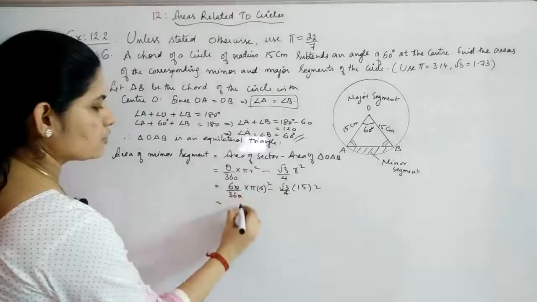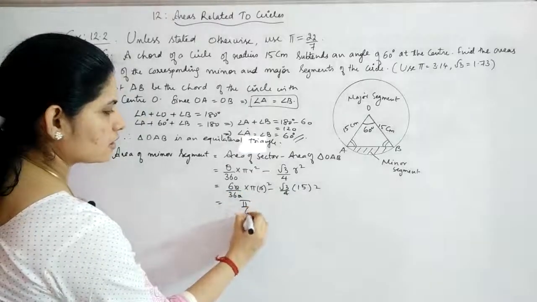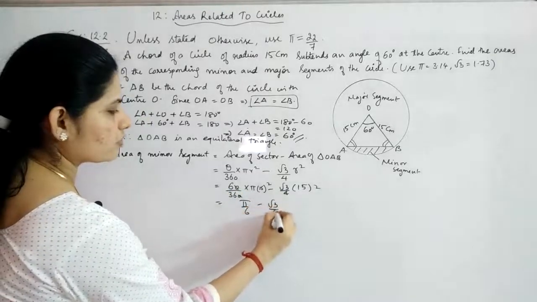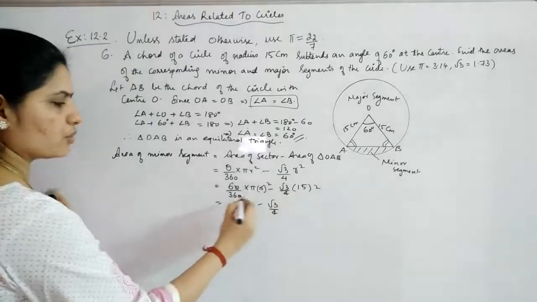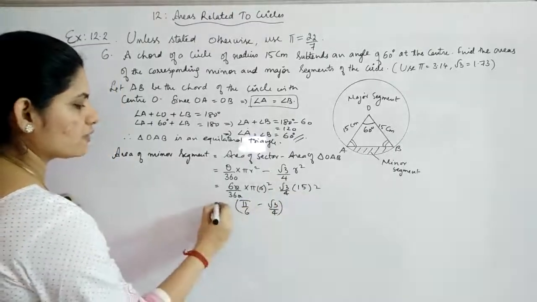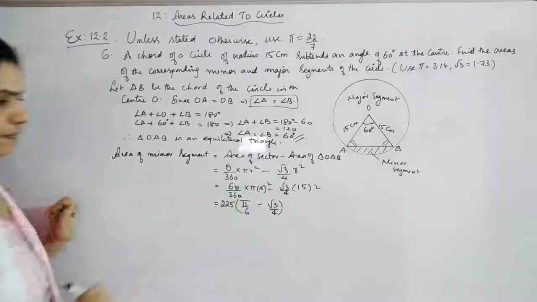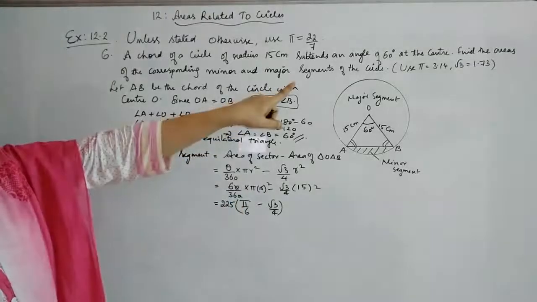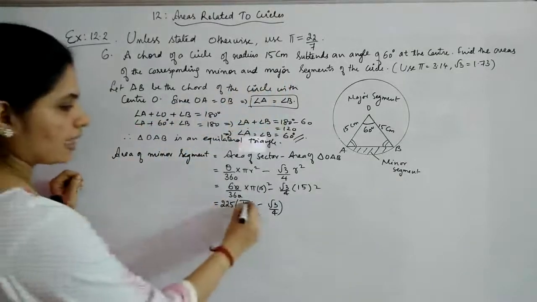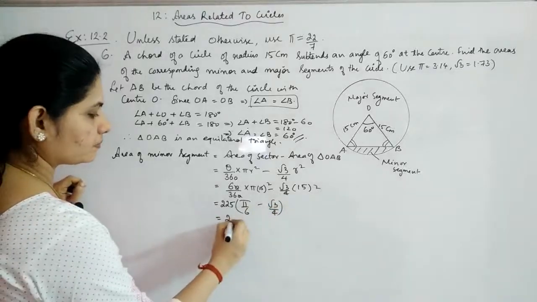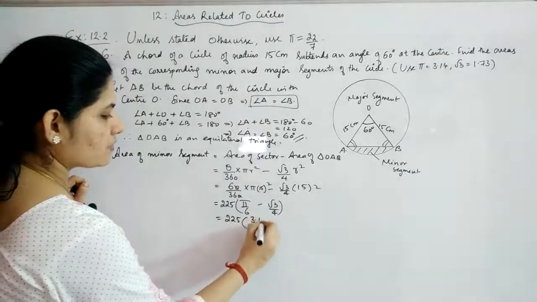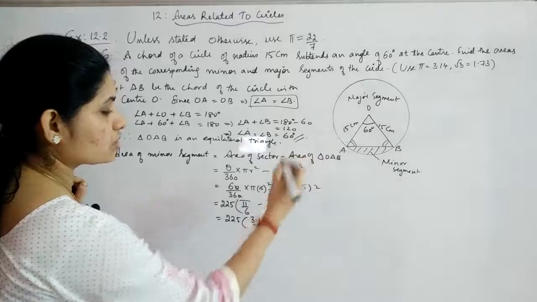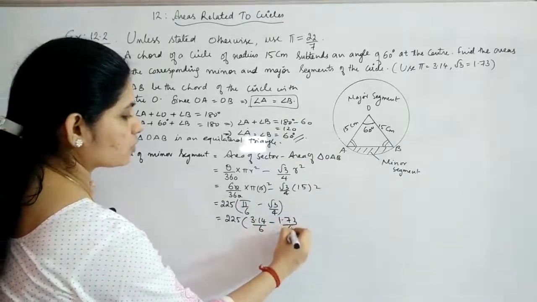Now this will give you pi by 6 here, and here you have root 3 by 4, and 15 square is common for both. I am just taking it out, and 15 square is 225. Now we will replace the values which are given in the question. That is, pi can be replaced with 3.14 by 6 minus root 3 is 1.73 by 4.